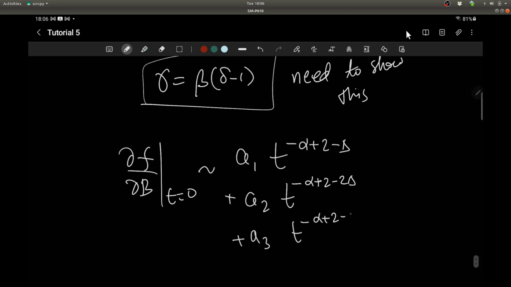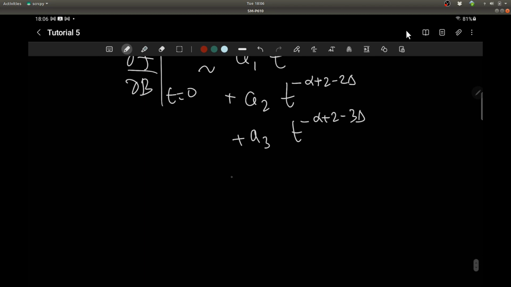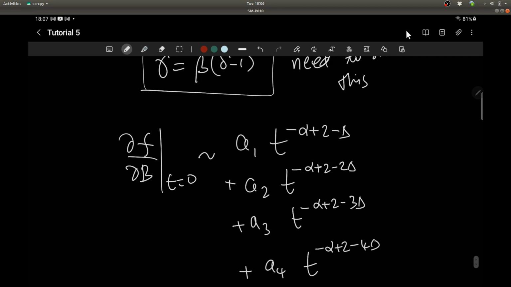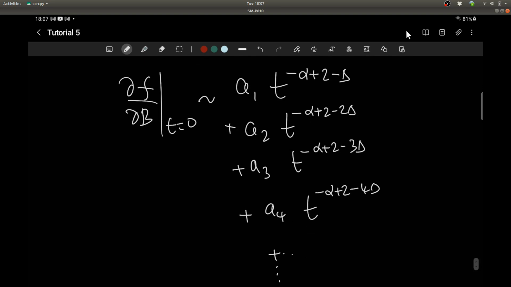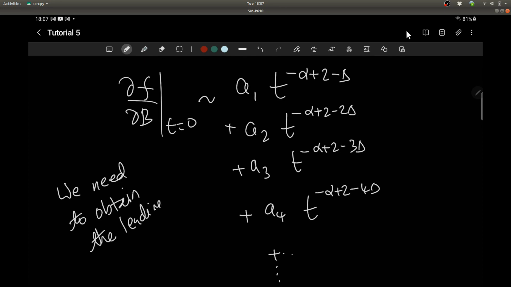I think this is the stupidest way to do things, but that's okay. In this stupid way of doing it, I'll explain to you why it's stupid in a moment, we need to find out the leading non-vanishing term.